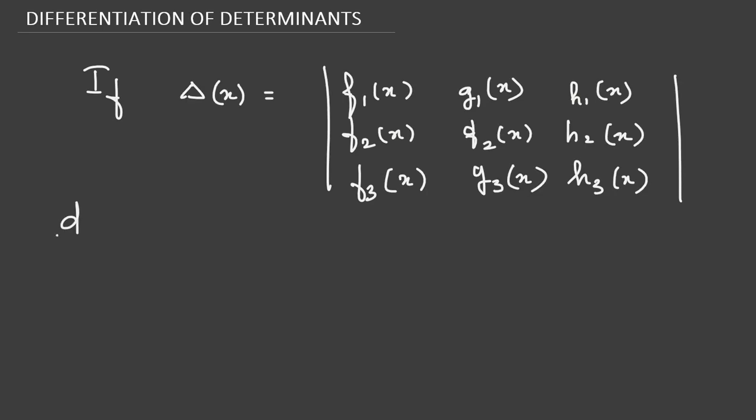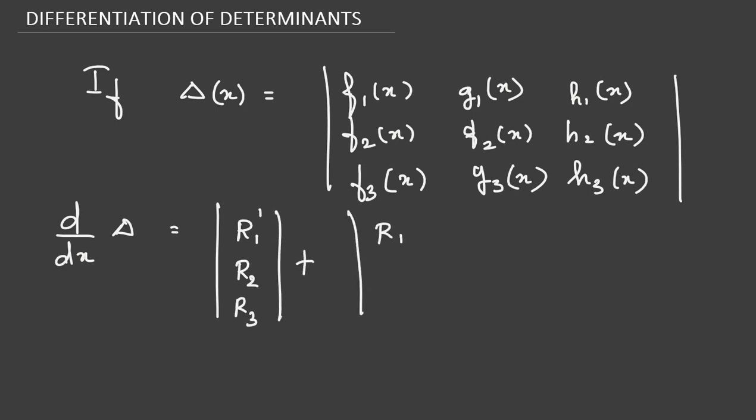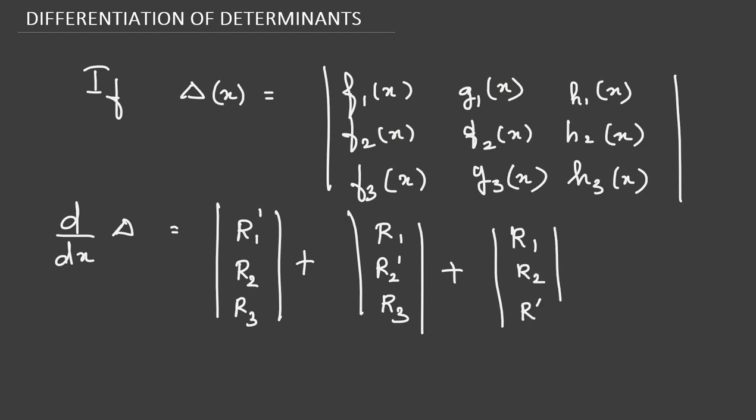Next topic is differentiation of determinants. Let us take the derivation for that. d by dx of delta will be equal to: differentiating the first row, r1 dash, r2, r3 remain the same, plus r1 remains the same, differentiate the second row, and the third row remains the same, plus the last one, r1, r2 remain the same, differentiation of r3.